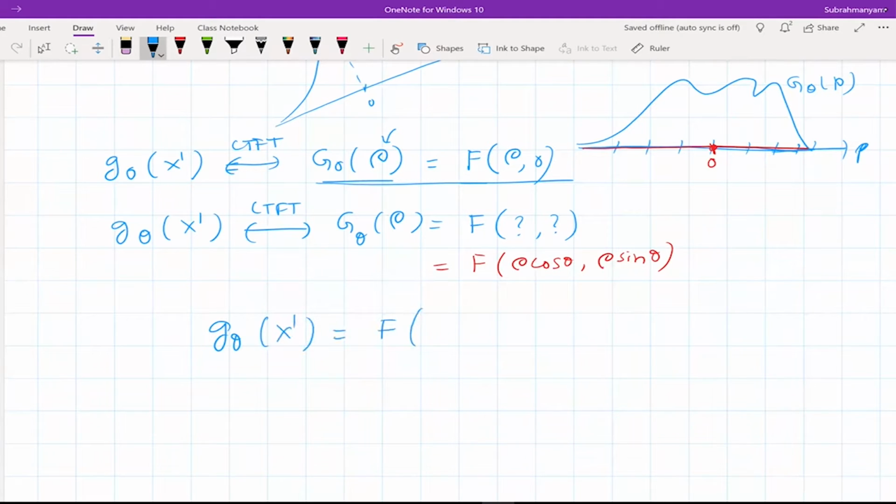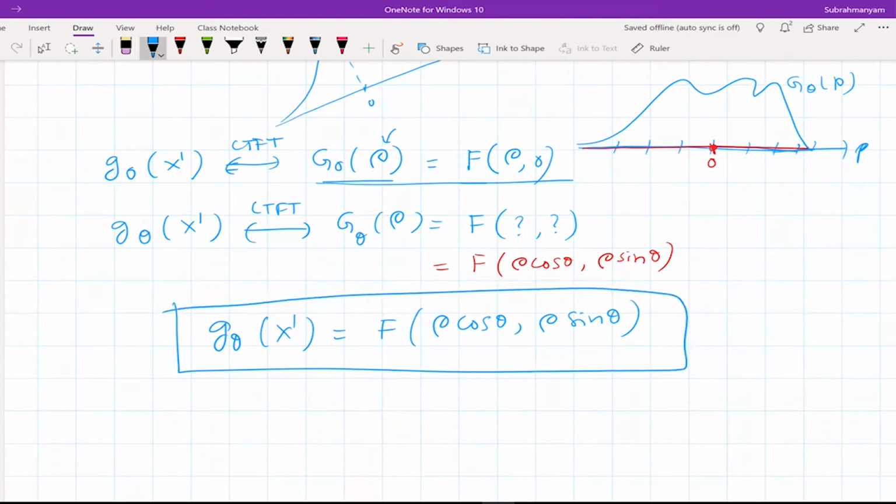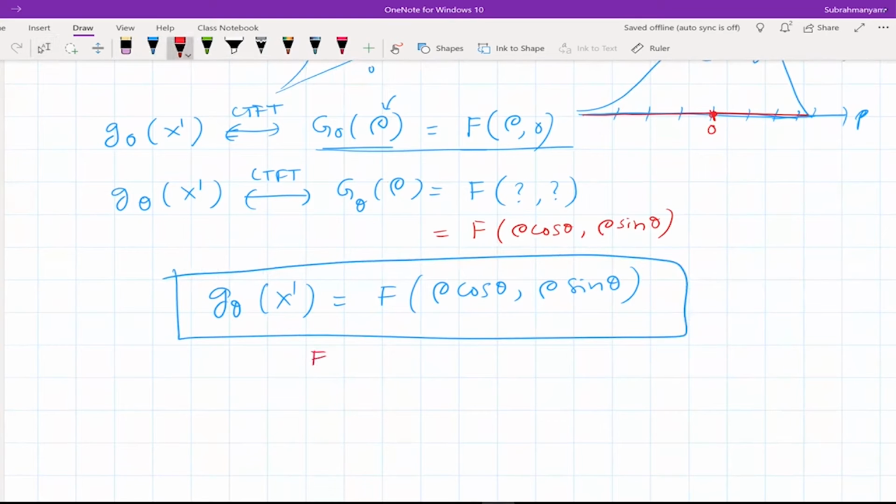F of rho cos theta comma rho sin theta. That was the Radon transform earlier. This is called the Fourier slice theorem. What were the other names?